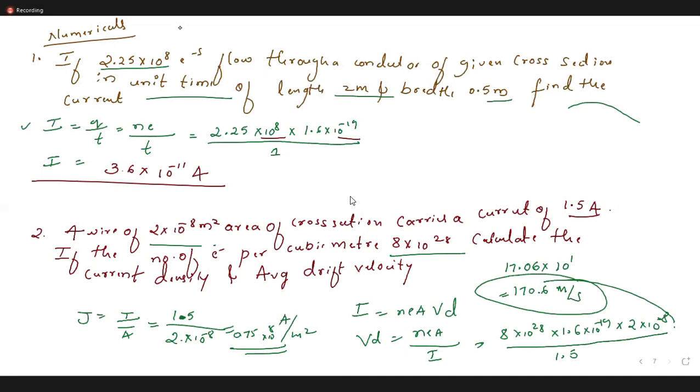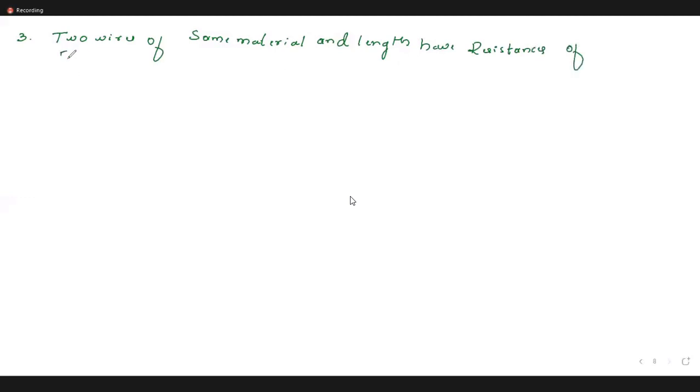Done? Done. Next, third question. Two wires of same material and length have resistance of 5 ohm and 10 ohm respectively.